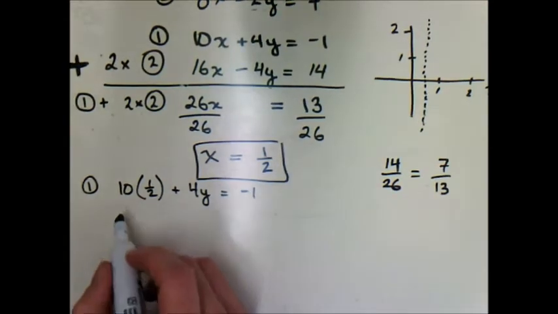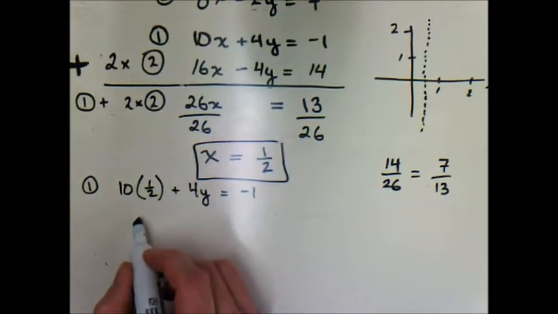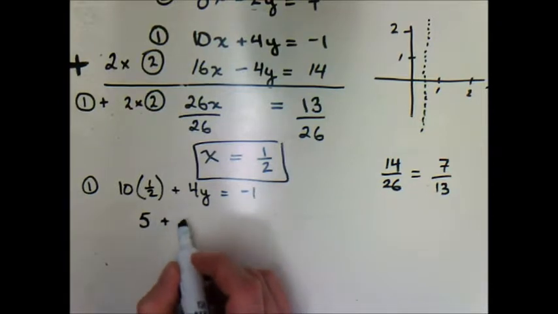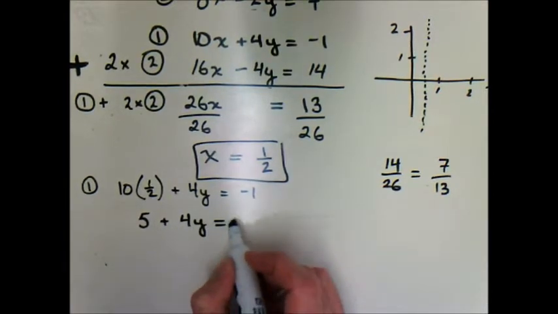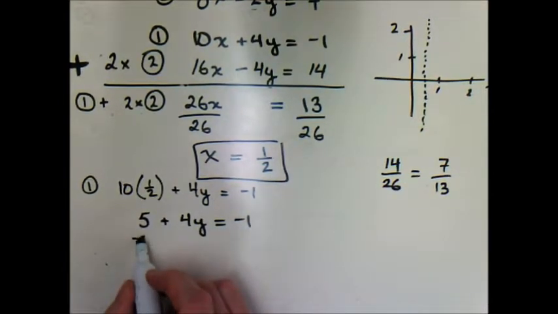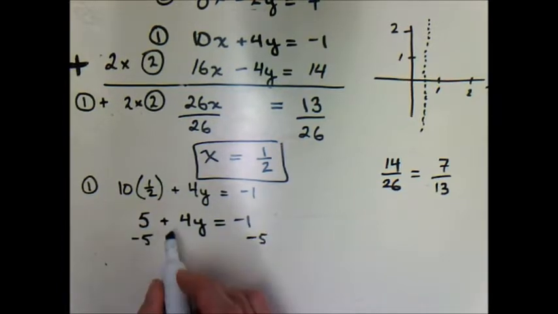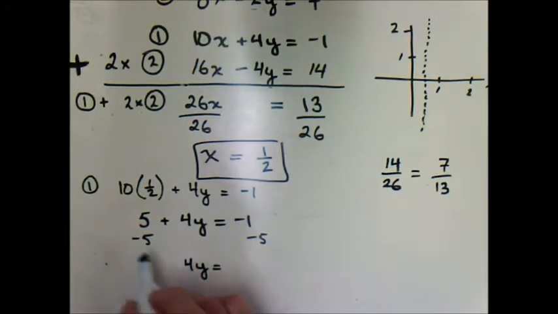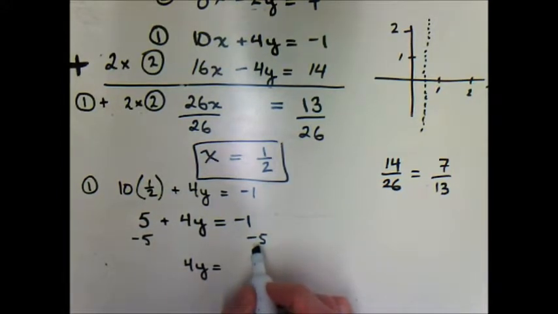Okay, so now we're solving for the y value. 10 times a half is 5 plus 4y equals negative 1. I'm going to subtract 5 from both sides to get the y term by itself. So 4y equals negative 1, negative 5. That's negative 6.